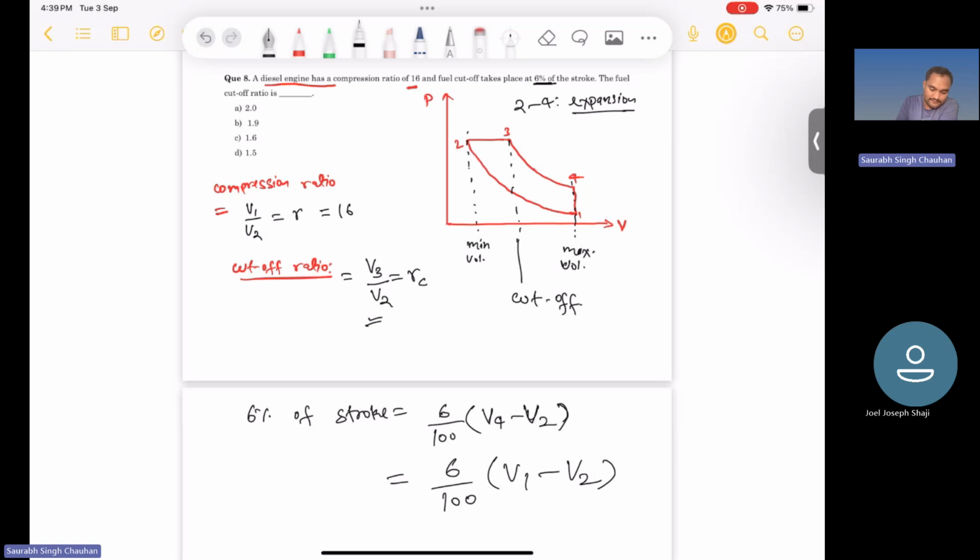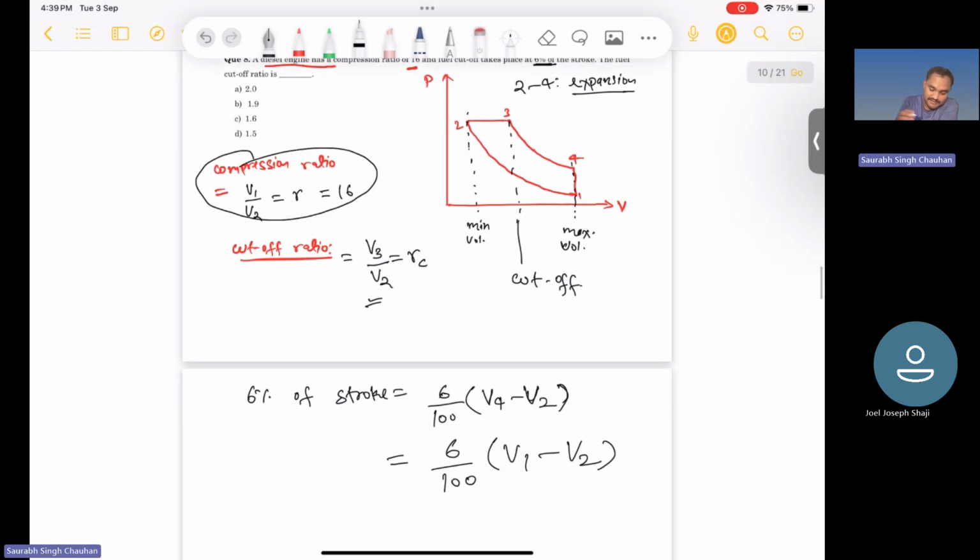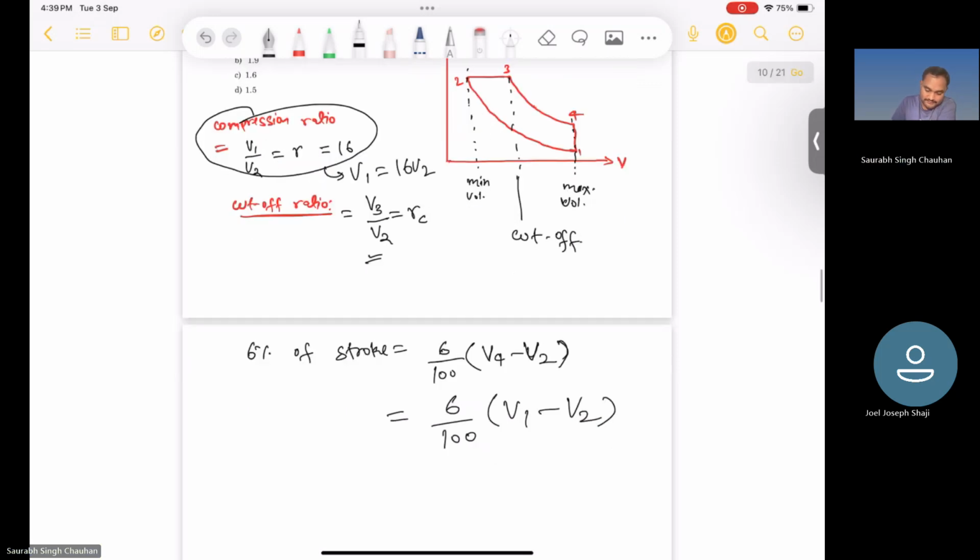And from the compression ratio, we have V1 equal to 16 V2. So 6 by 100 times V1 minus V2, which is 16 V2 minus V2.